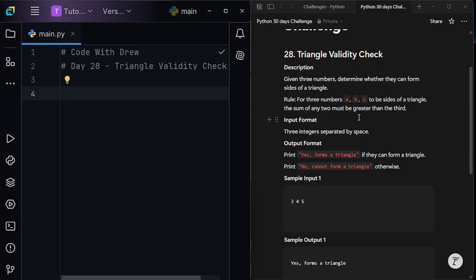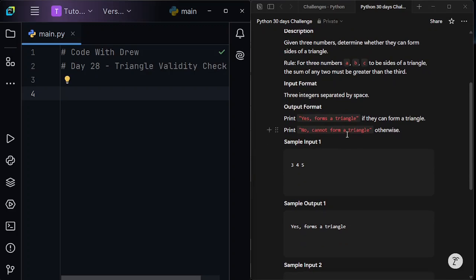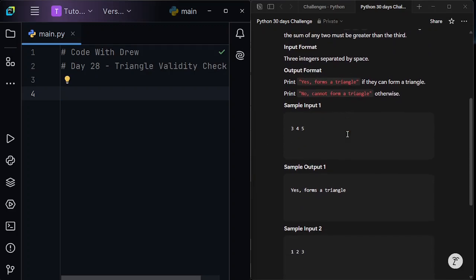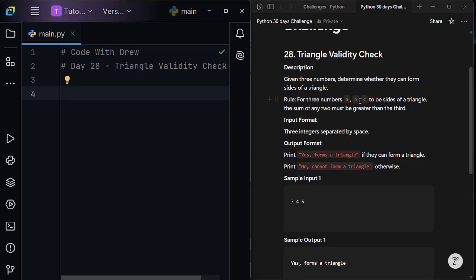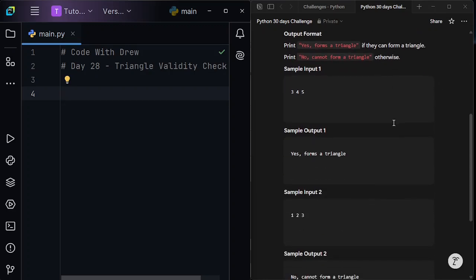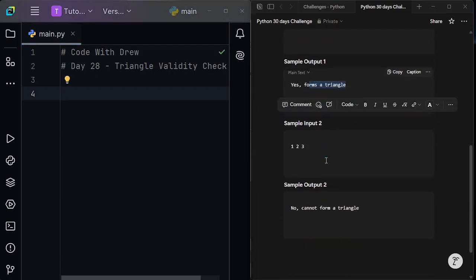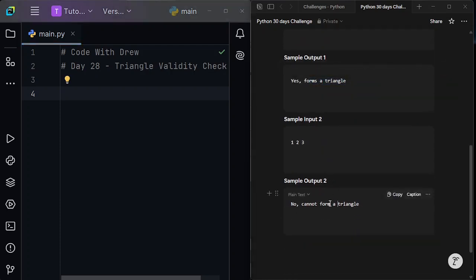That is the rule. The three sides are separated by space. If the sum of two sides is greater than the third, then it can form a triangle. Otherwise, it cannot form a triangle.